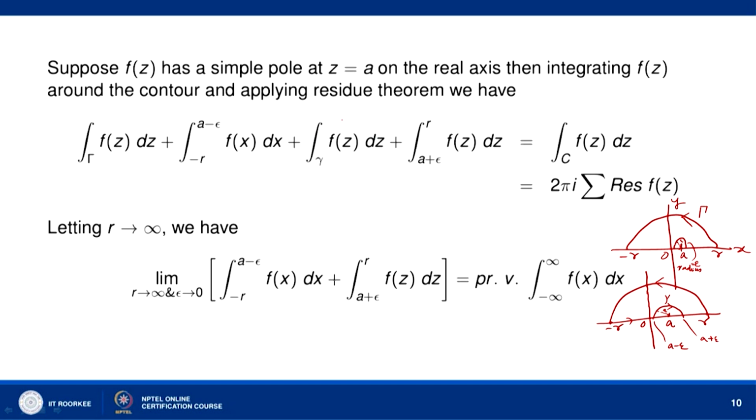The integral over gamma f z dz we shall see how to evaluate separately. When taking r to infinity and epsilon to 0, these two parts tend to the Cauchy principal value, which we have evaluated using the residue theorem. Once the integral over gamma is known, we will get the Cauchy principal value of the integral over minus infinity to infinity f x dx.